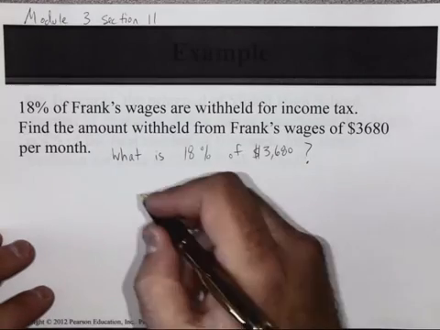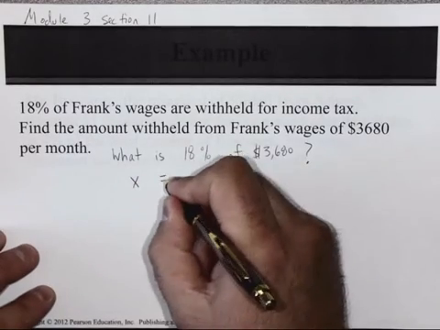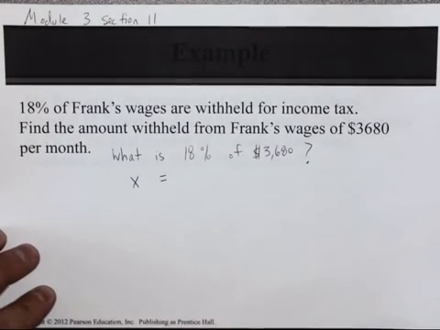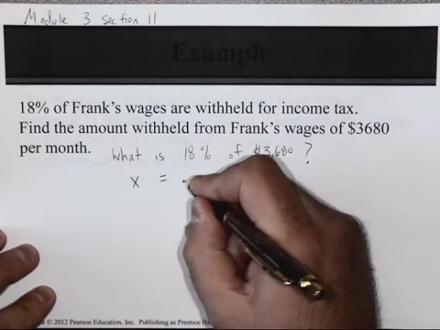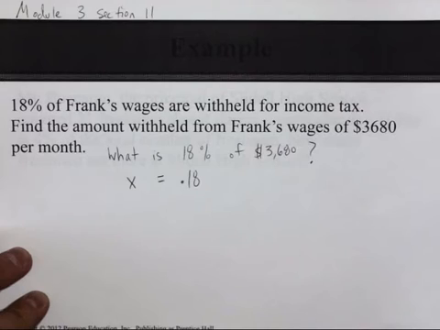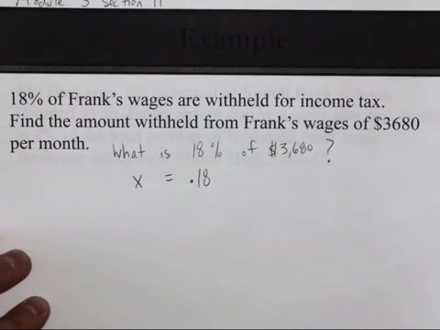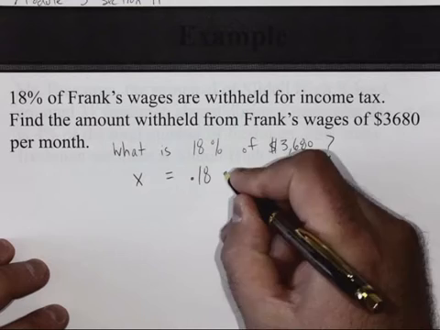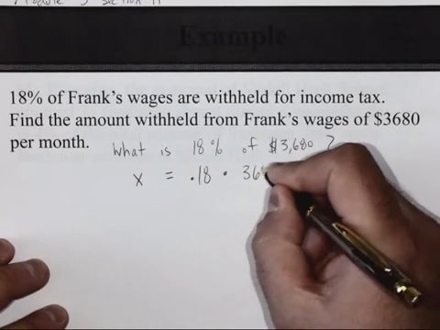So remember, what is x equals, change 18% into a decimal, 0.18, times, is-of, so times $3,680.